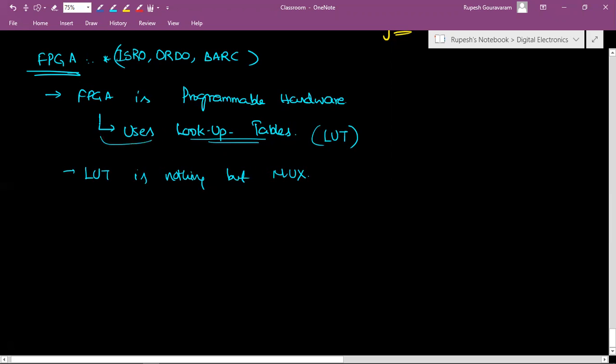This lookup table is used in our FPGA. Let us see what a lookup table is. This lookup table, LUT, is used to realize any Boolean function.